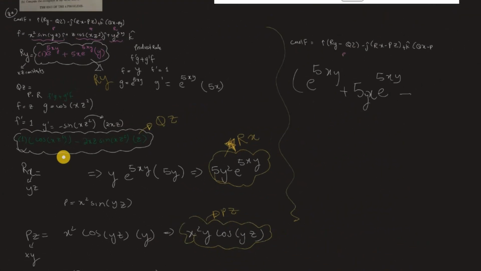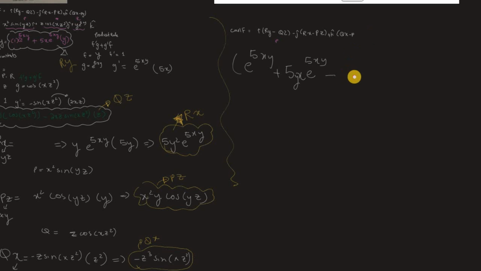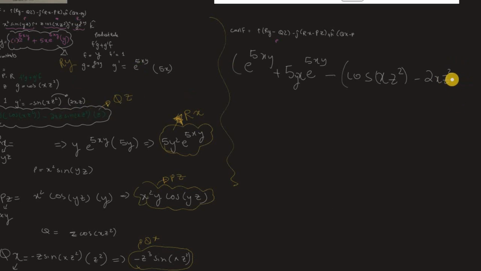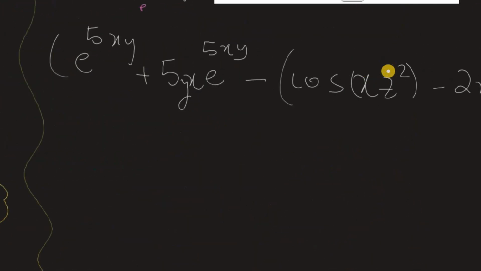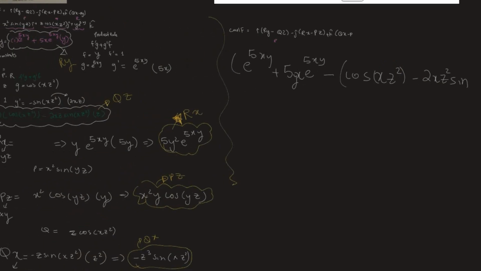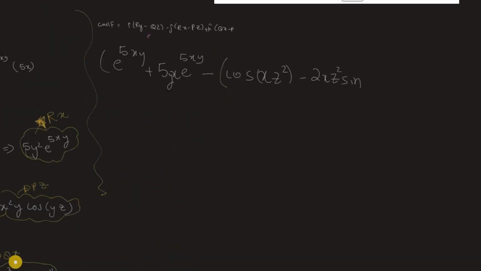So let's put it over here. We have cosine xz squared, and then minus 2xz squared because it's going to multiply each other, and then sine of xz squared.